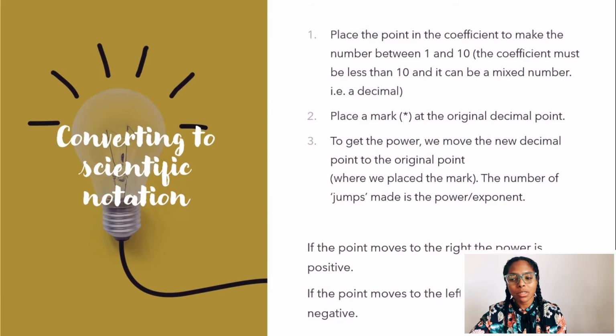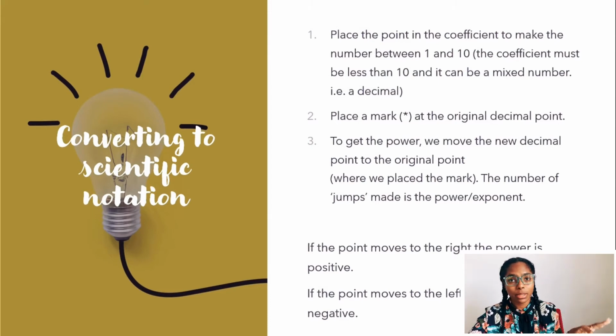The number of jumps made is the power or exponent or index. If the point moves to the right to get back to its original point, then the power would be positive. If the point moves to the left to get back to the original point, then the power would be negative.